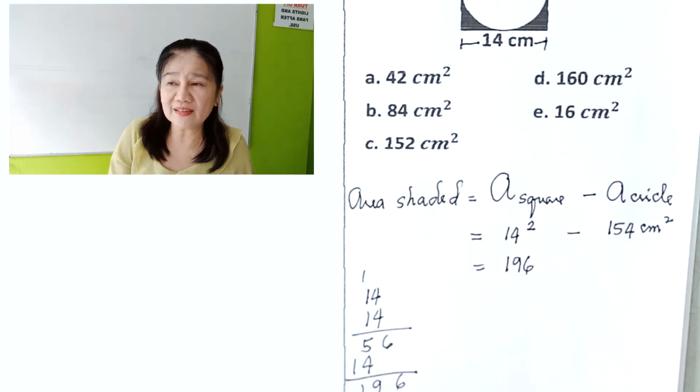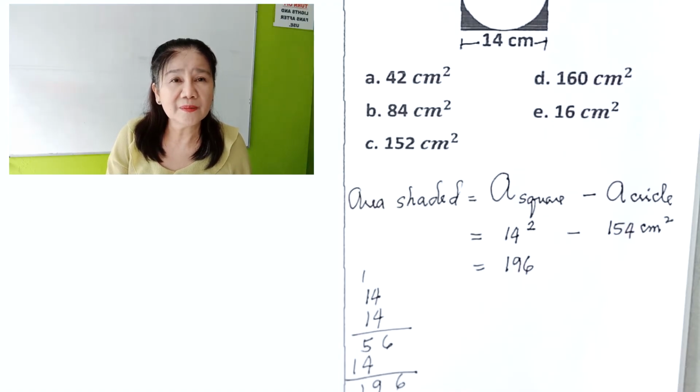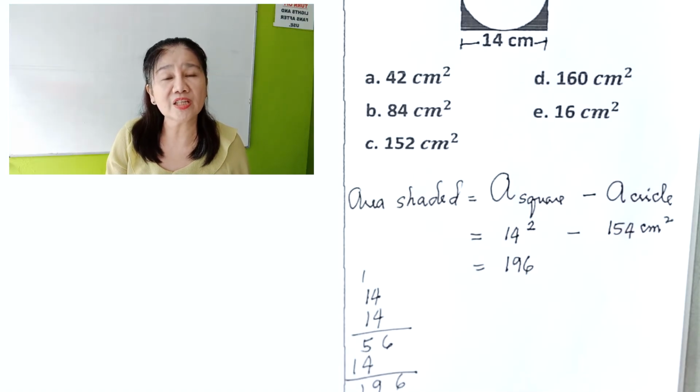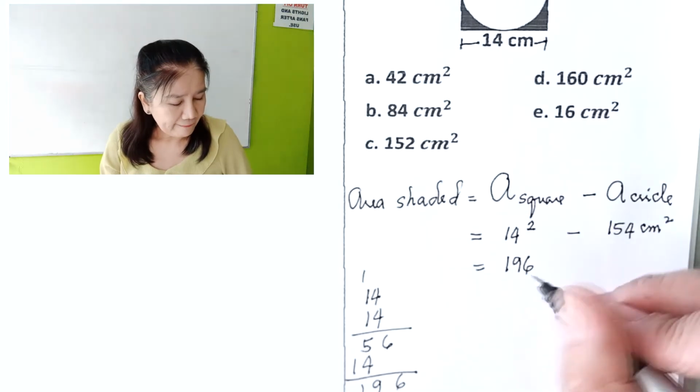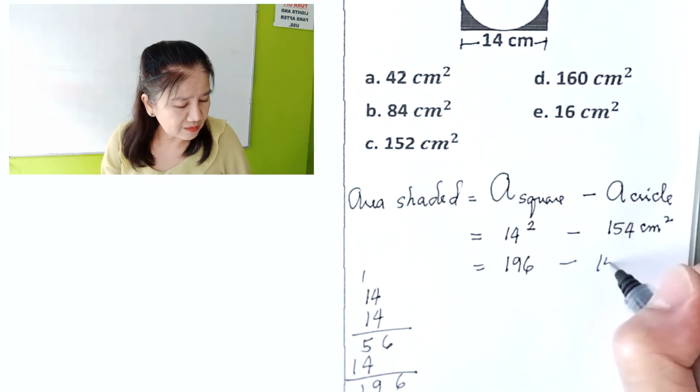It would be better if you review or memorize the squares at this point, because many of the questions in entrance exams will be dealing with squares. So if you already know the square of a certain number, it would be faster for you to be solving. So 196 minus 154.